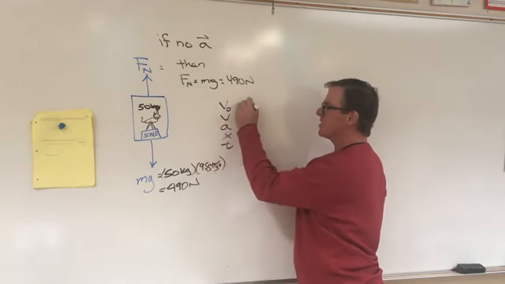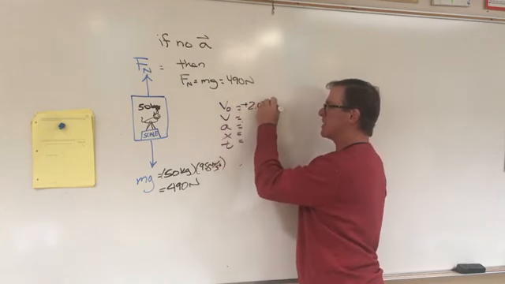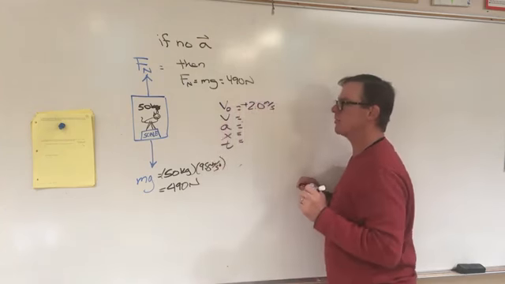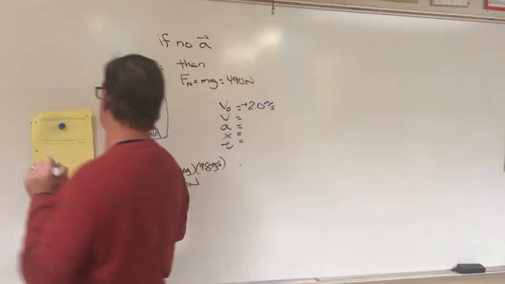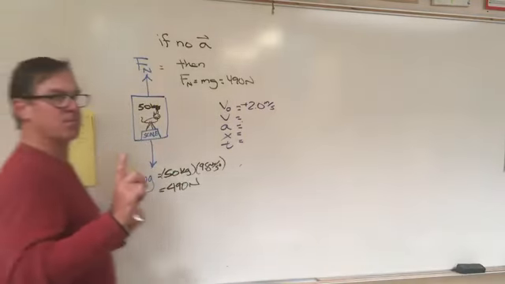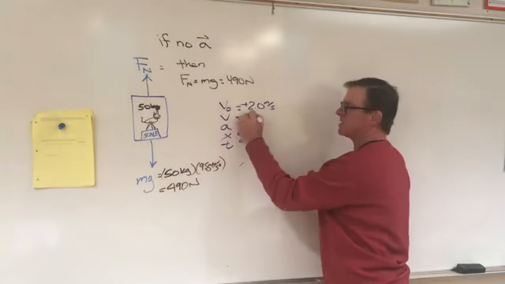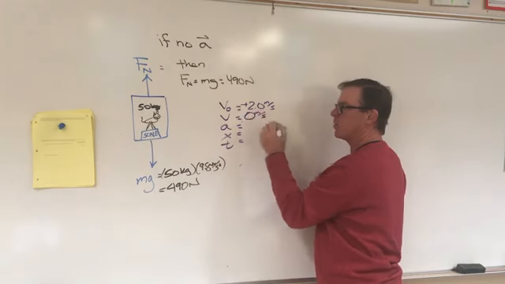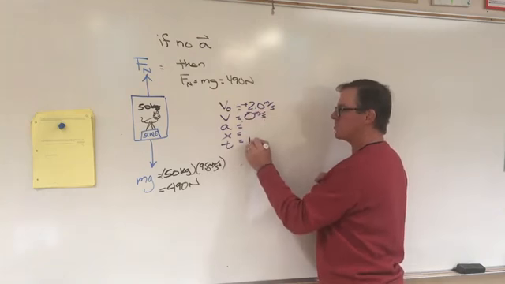So it says initially the dog is going plus 2 meters per second, upward at 2 meters per second. And then it says that the elevator comes to rest in 1 second. So the final velocity of the elevator is 0, and time is 1 second.